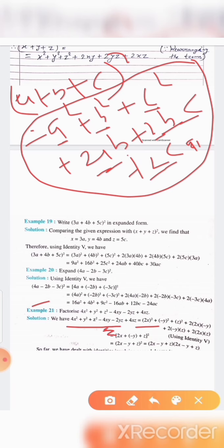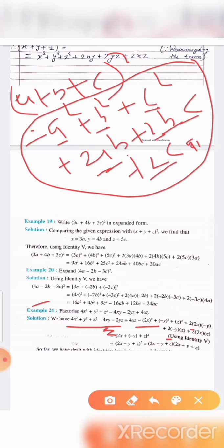It means here one variable is negative, so we write minus y square and then plus z square, because the last term is again negative, so we write z square. Then we write it in the form using identity number 5.